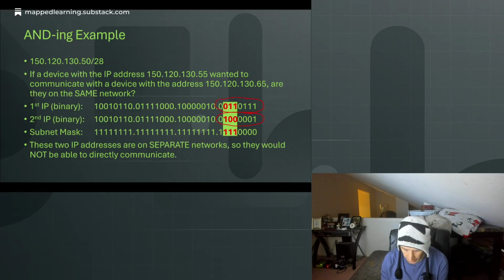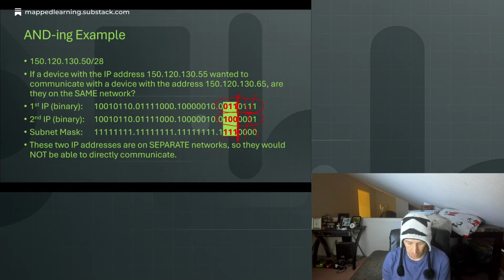But if we look at where the bits end for the subnet mask, it ends right here, where the ones end and the rest of the 4 bits are zeros. So these last 4 bits in every address don't matter. We just don't care. We're only looking at where the bits are ones as far as the new subnet mask goes.